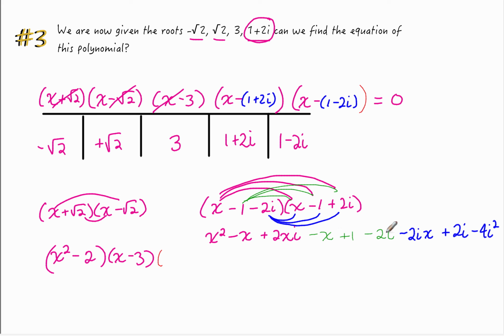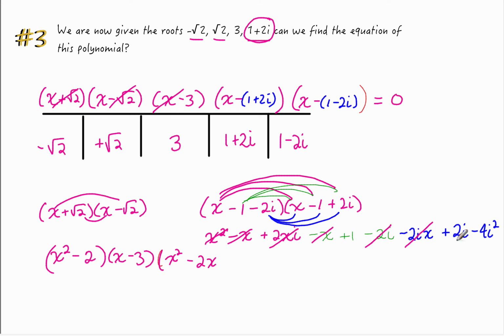All right, so let's clean some things up here, and we're going to have our last factor. x squared. Are there any other x squareds? Nope, that can come down as x squared. Minus x and another minus x is minus 2x, and that's it for x's. So a positive 2xi and a negative 2xi, see these are the same because I can multiply in any order, cancel each other out.